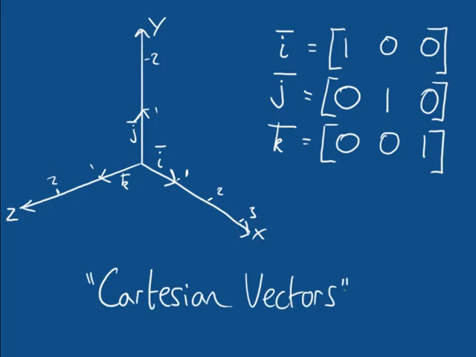But why might we want to have these three vectors that simply travel in the direction of x, y, and z? Well, we've seen some other theories that we can combine with these vectors. We've seen the scalar multiplication of a vector, and we've seen vector addition and subtraction. So let's combine scalar multiplication of a vector with our three Cartesian vectors and see why that might be useful to us.